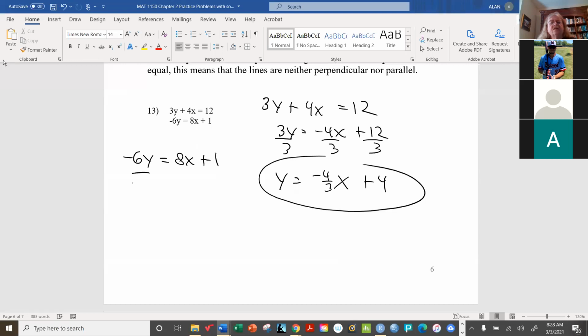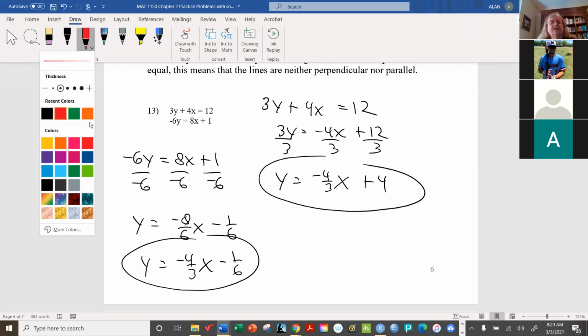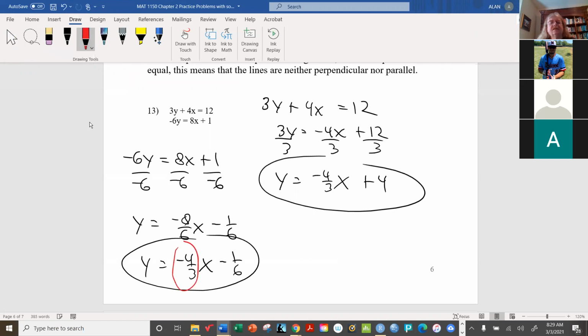Now this one, all I had to do is divide out that -6. Ooh, look what's happening here. y equals -8/6x minus 1/6. But this is just the same thing as -4/3 x minus 1/6. So the slopes, look at that. They're the same.